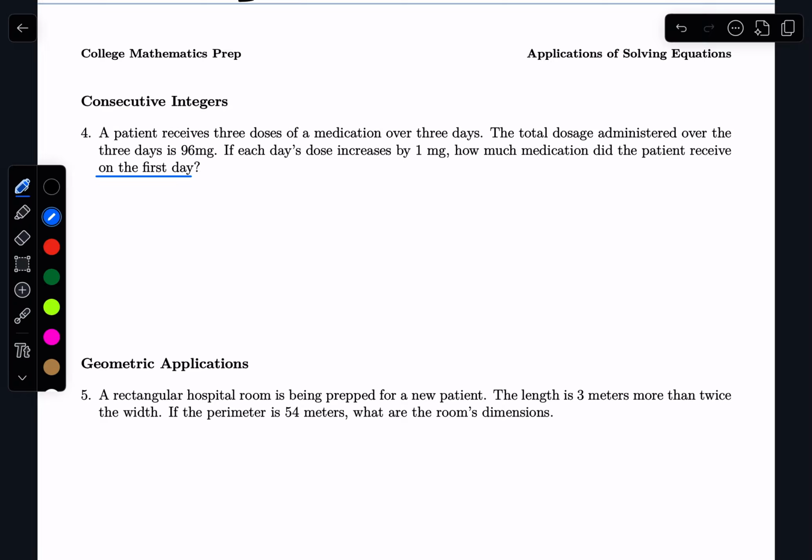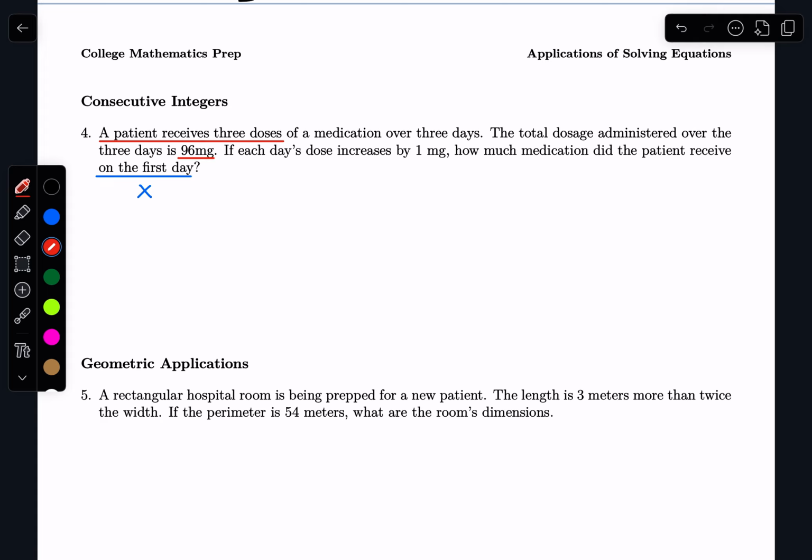So our first day's dose, I'm going to call X, just like before. But before we solve for X, we need to make sense of what's going on here. The patient is receiving 3 doses, and it's going to equal a total of 96 milligrams.